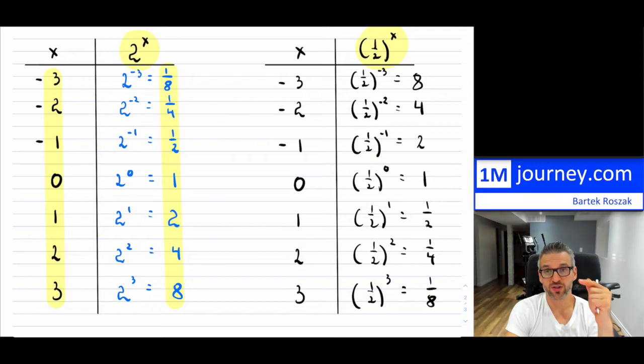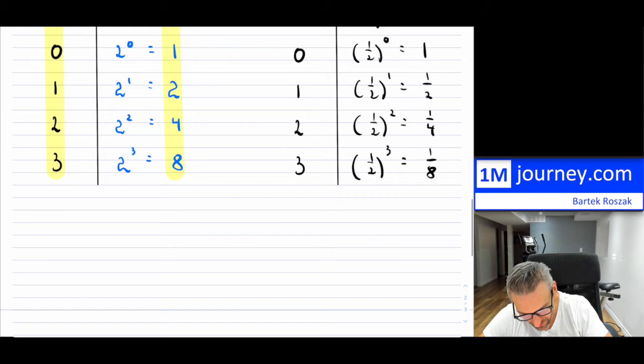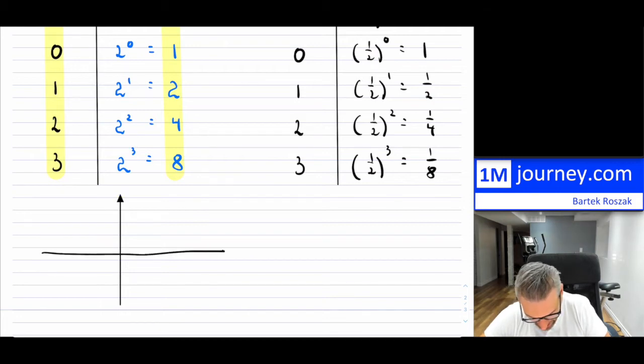And that would still provide us a positive result, but it would have been very small. So it's interesting what happens here: if you have 2 to the x, then our actual result, if we were plotting it on the x and y axes, all the answers are positive.